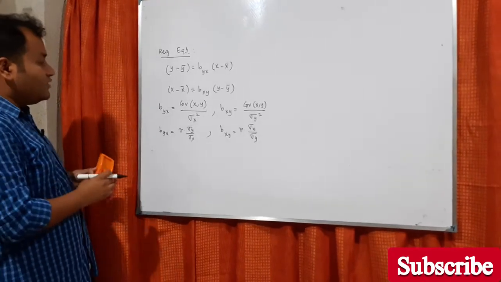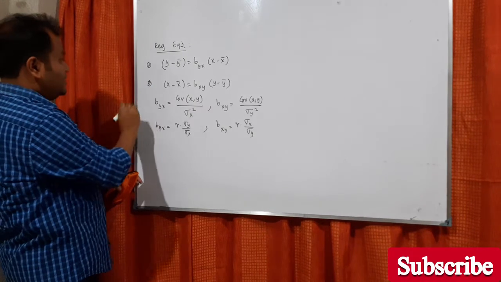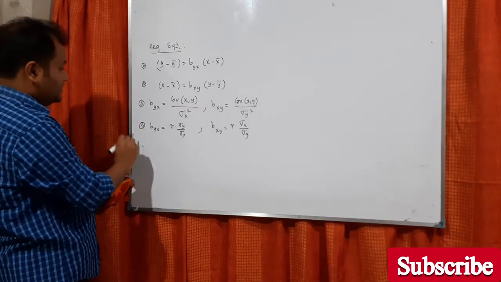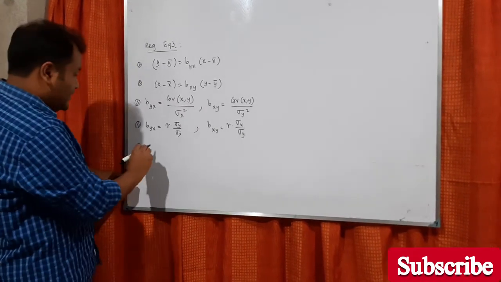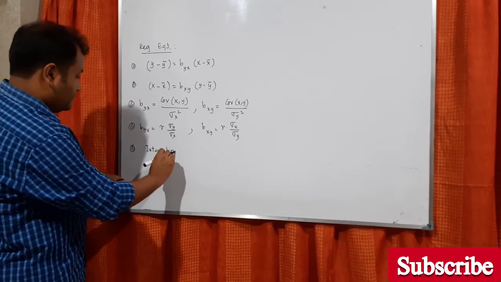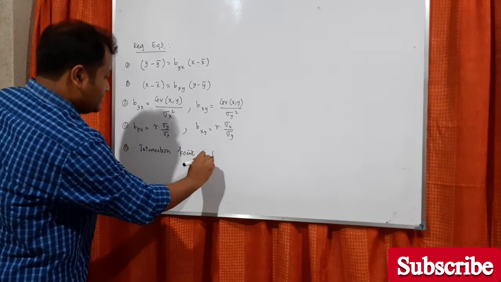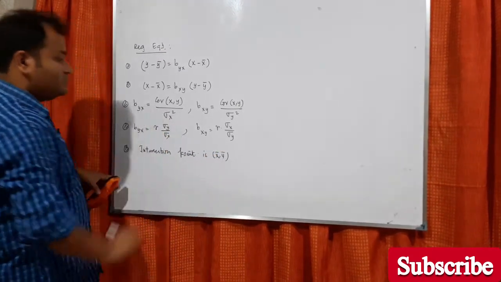Okay. Then we have shown that the intersection point is x bar, y bar.